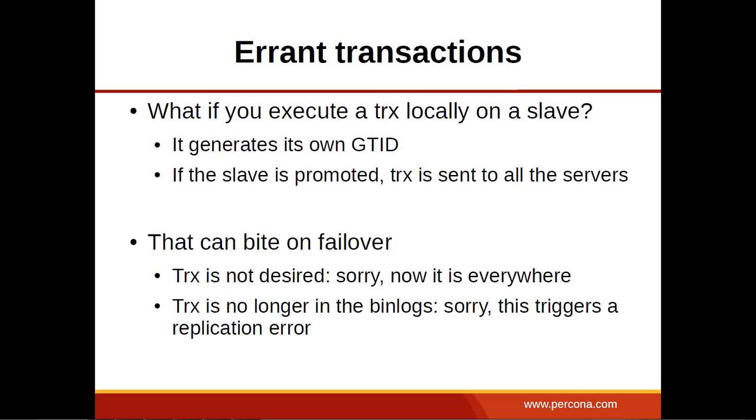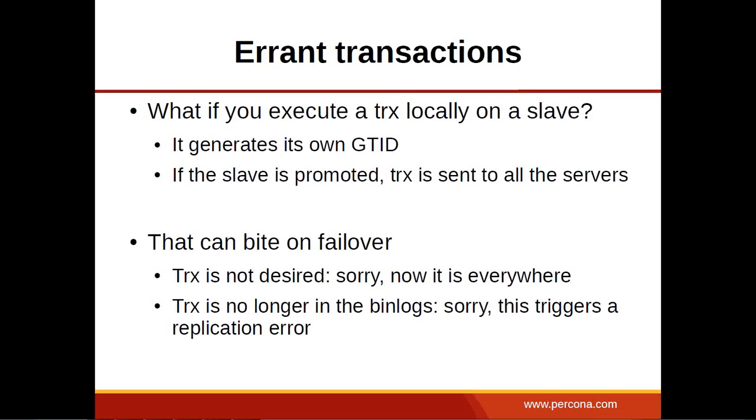So what it's going to do is that it's going to generate its own GTID, because each server, if you remember the options that we had to set, has a binary log enabled. So each server in the replication topology is allowed to generate GTIDs. So if you execute a transaction locally on a slave, it will generate a GTID.